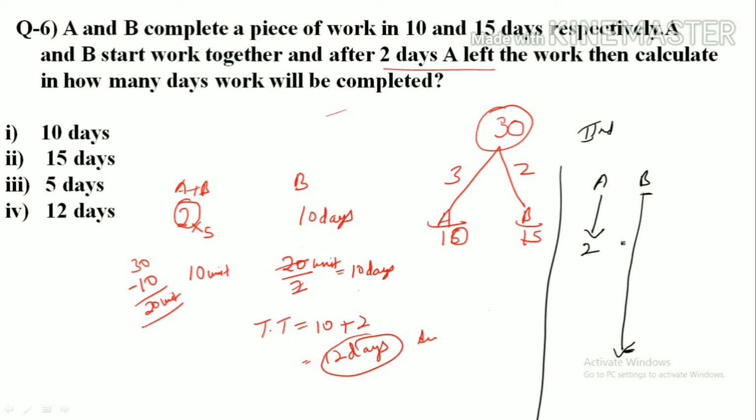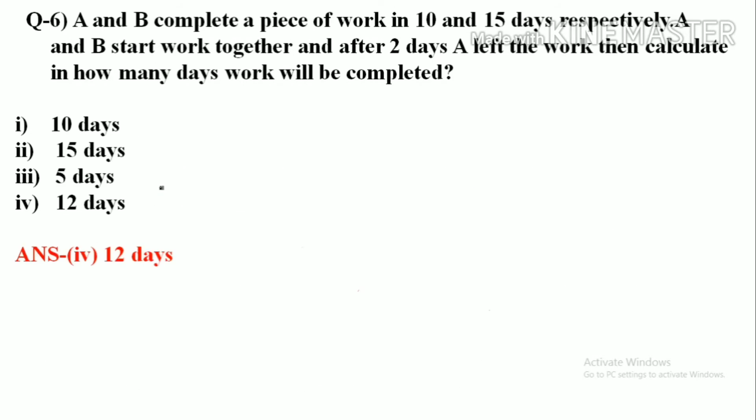After 2 days A left, which means A worked with an efficiency of 3, so A did 6 units of work. 30 minus 6 comes out to be 24 units. So 24 units of work is done by B with an efficiency of 2, which means in 12 days. Our answer is 12. Let's check the answer. Yes, it is 12.